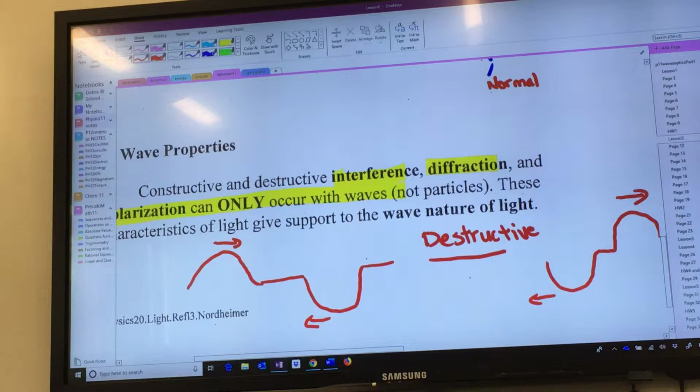Interference. Constructive is where you have this one going this way, and this one going this way, and they overlap this way. That's too tall.